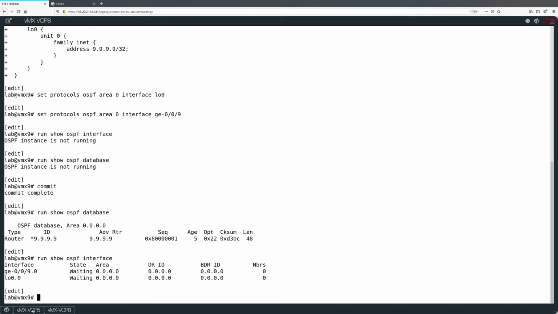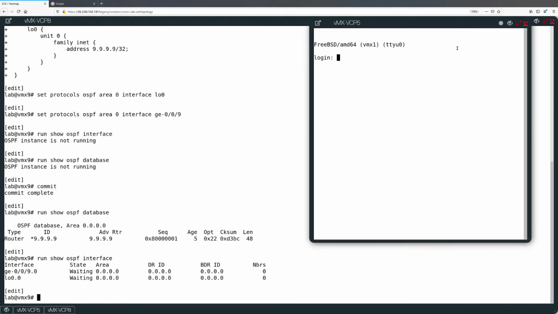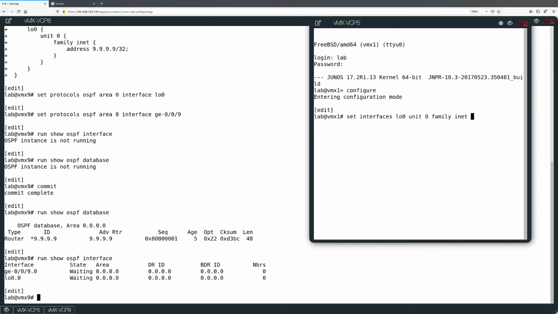Now let's go to router 1 and quickly do the same thing and see what happens there, right? We log in as user lab, configure, set interface loopback 0, and we'll put it as all ones /32. For the same ge-0/0/9 interface, let me say 99.1.9.1/24.